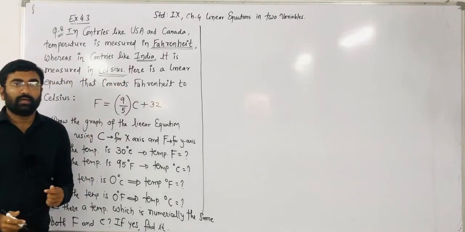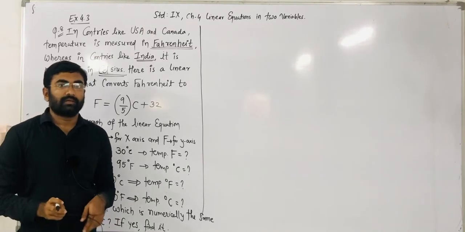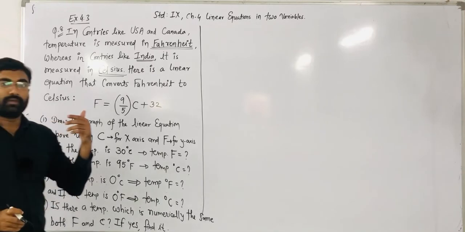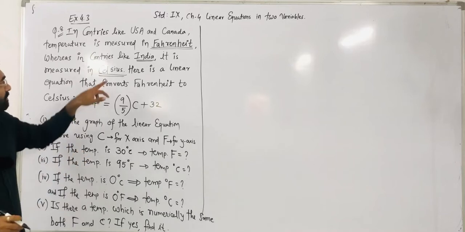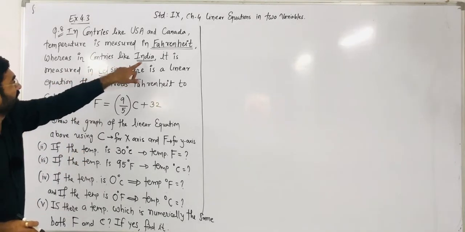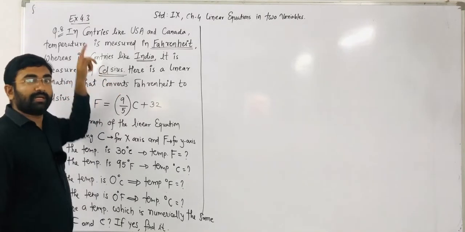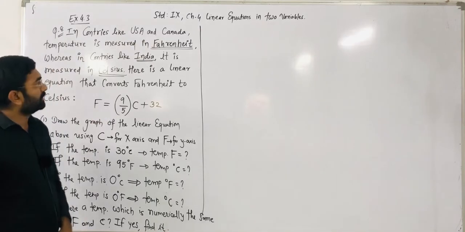You all are in India; in the news you observe the temperatures of all these states, and they mention 31 Celsius, 35 degrees Celsius. But in USA and Canada they measure the temperature in Fahrenheit units, right?